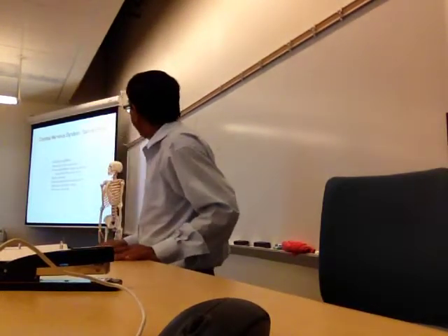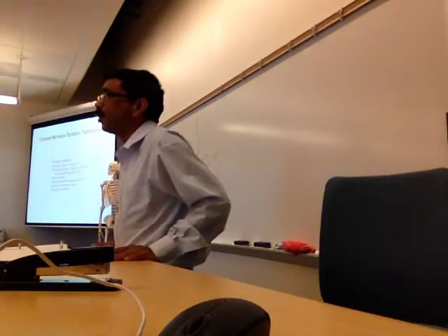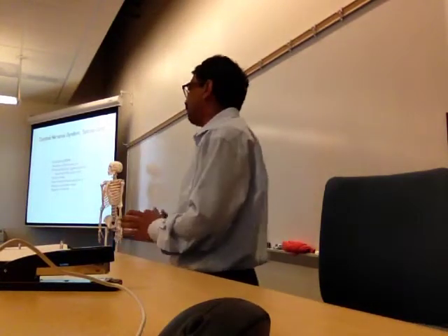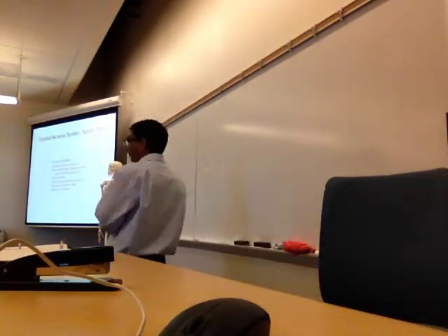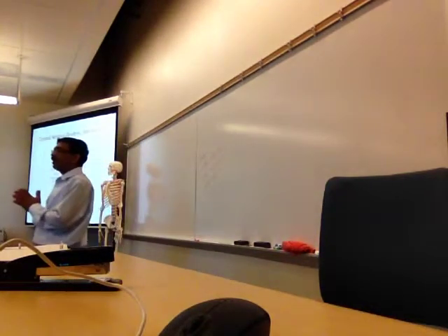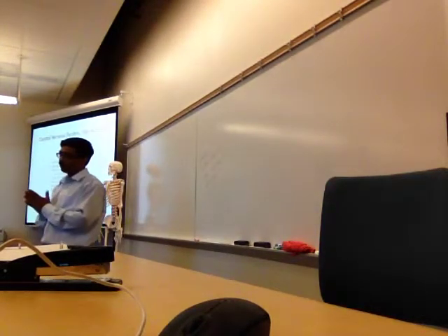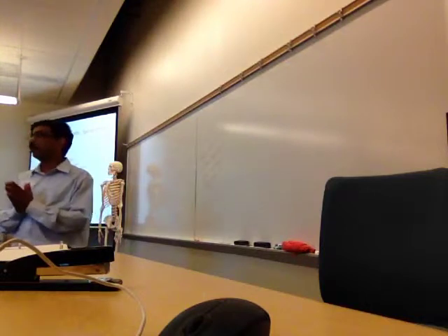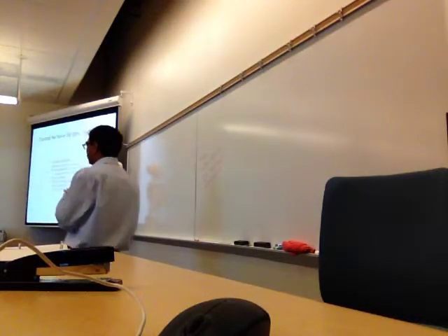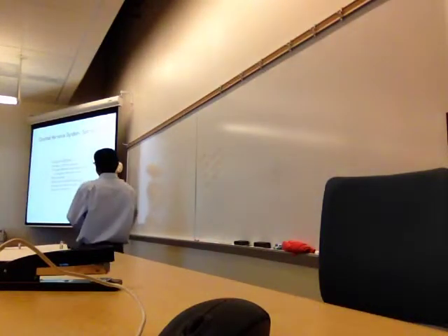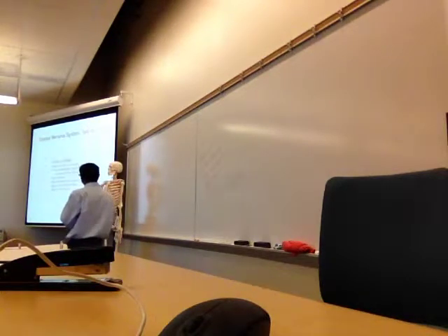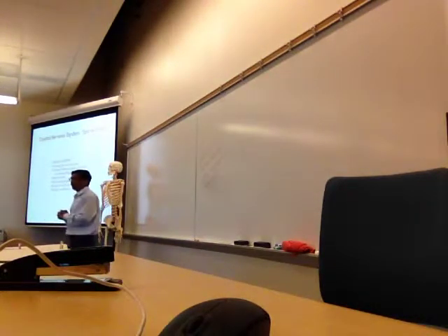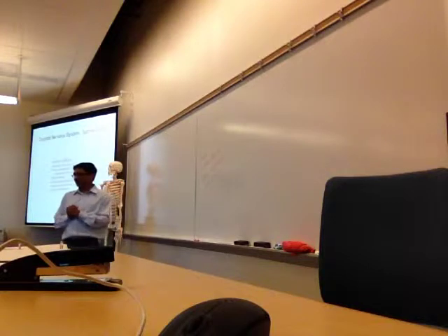Today, we'll talk about the spinal cord. You know that the central nervous system includes the brain and the spinal cord. We have talked about the brain already, so today we'll talk about the spinal cord, another important part of the central nervous system.